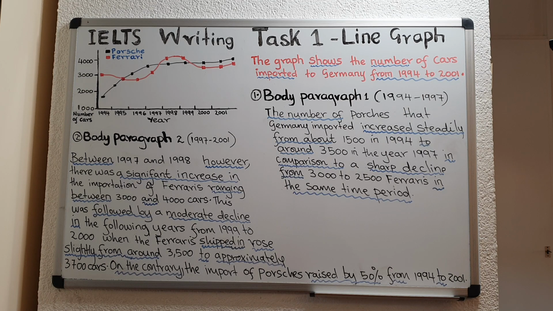So that is body paragraph 1. Now let us move on to body paragraph 2. In body paragraph 2, I'm also expected to talk about the Ferraris and the Porsches in terms of their imports between 1997 and 2001.